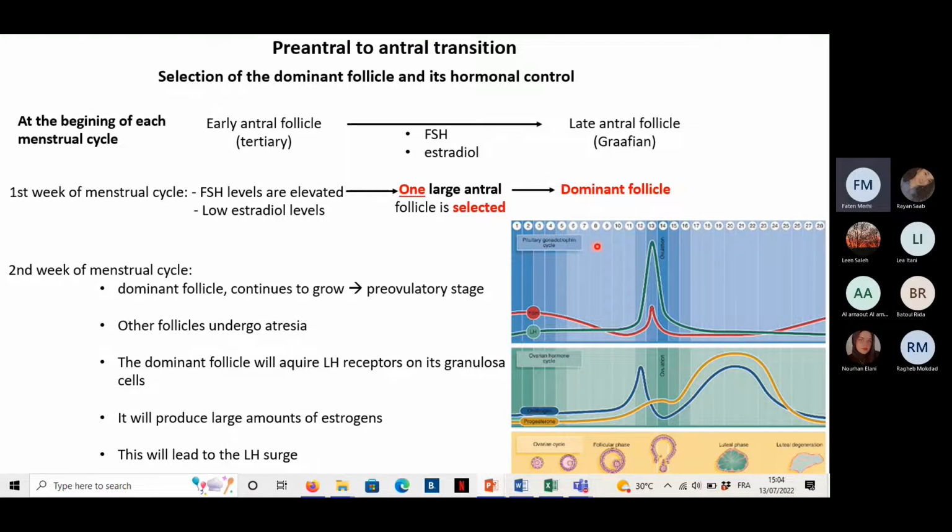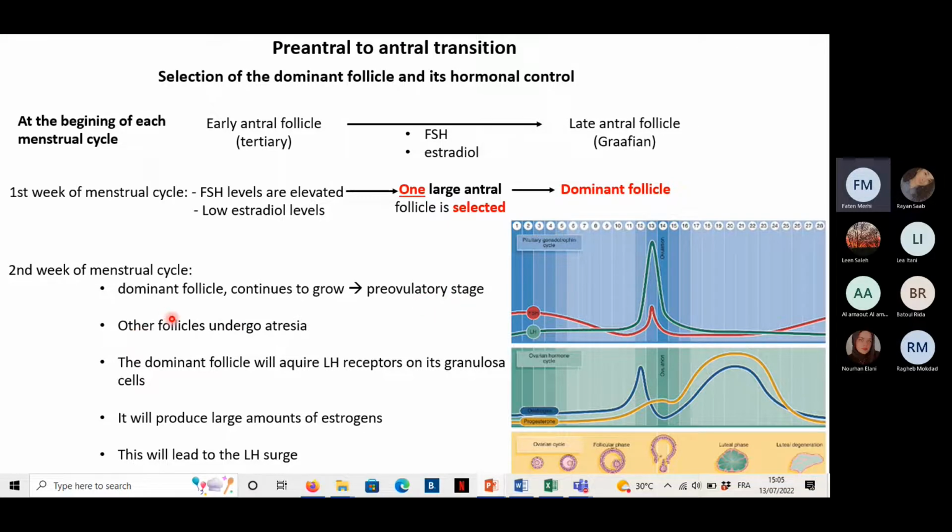Now, in the second week of the menstrual cycle, the dominant follicle, as we have said, is almost selected when we have this drop in the FSH levels by the end of the first week. So in the second week, the dominant follicle will keep on increasing in size. It continues to grow until it reaches the pre-ovulatory stage, and it becomes a Graafian follicle.